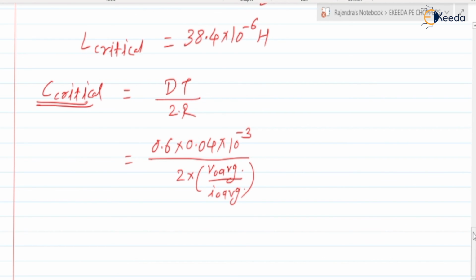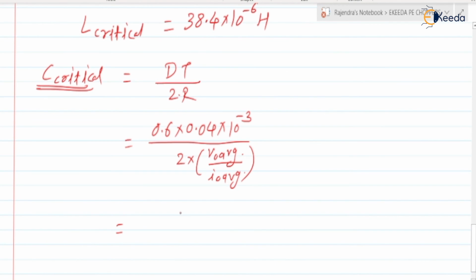So it is equal to 0.6 into 0.04 into 10 to the power minus 3 divided by 2 into V0 average 18 divided by I0 average 1.5.